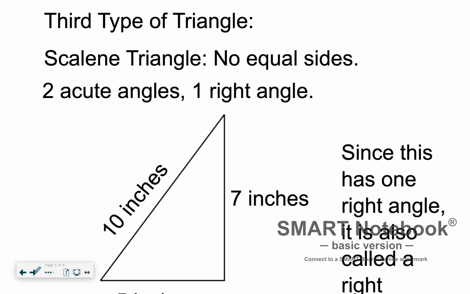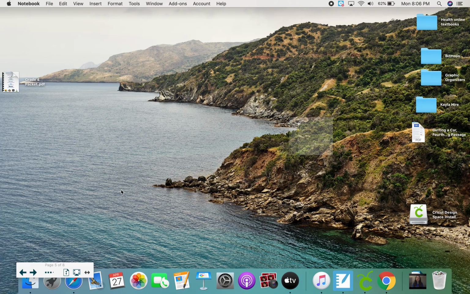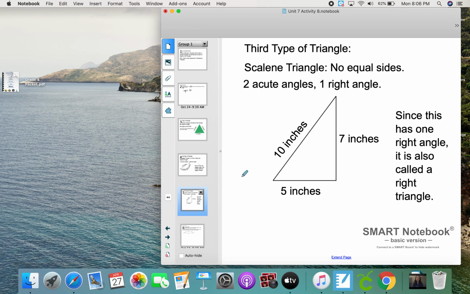And the third type of triangle is a scalene triangle. That means they have no equal sides. And if you look at this triangle on the screen, each side has a different length. So 10 inches, 7 inches, and 5 inches. A triangle that has 2 acute angles and 1 right angle that we see in the corner here, that means it is called a right triangle.